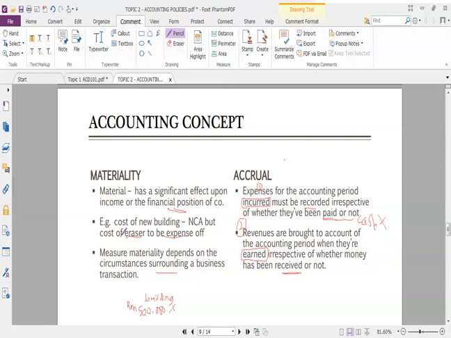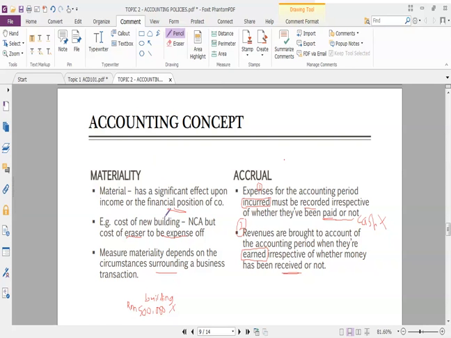In accounting, we should look at the value with materiality, meaning the value is high, a big amount. That is what is meant by material.